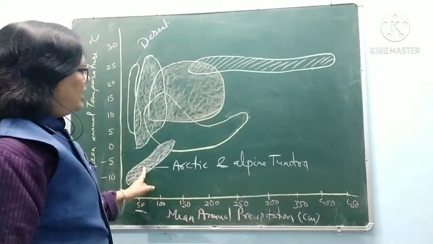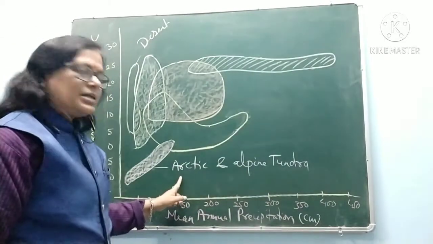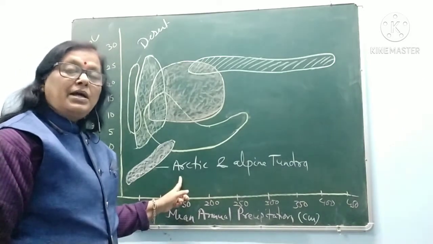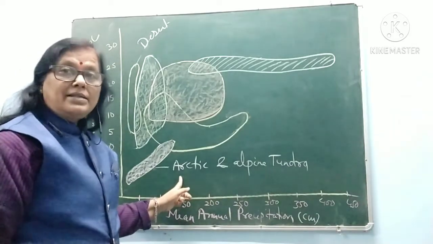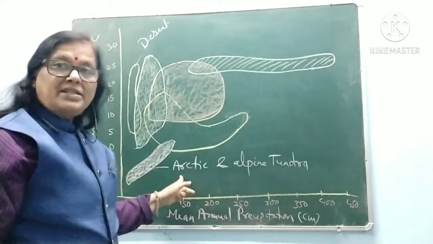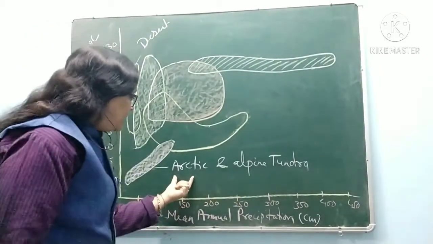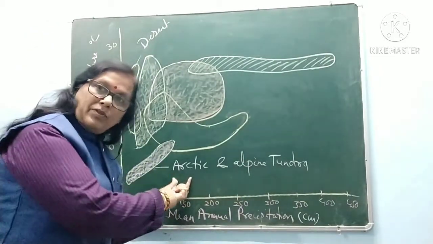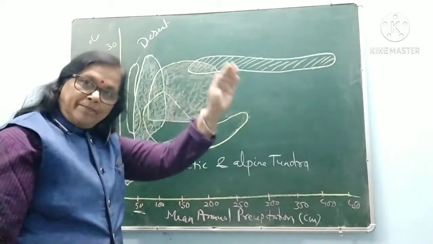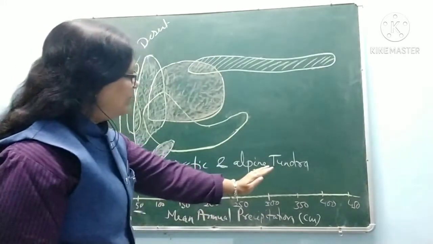Arctic tundra and alpine tundra, there are certain differences. In Arctic tundra, trees may also be there. Herb, shrub, tree, besides lichen. Lichen is the chief species of tundra. And alpine tundra is present on the mountain surface, on the top of the mountain.